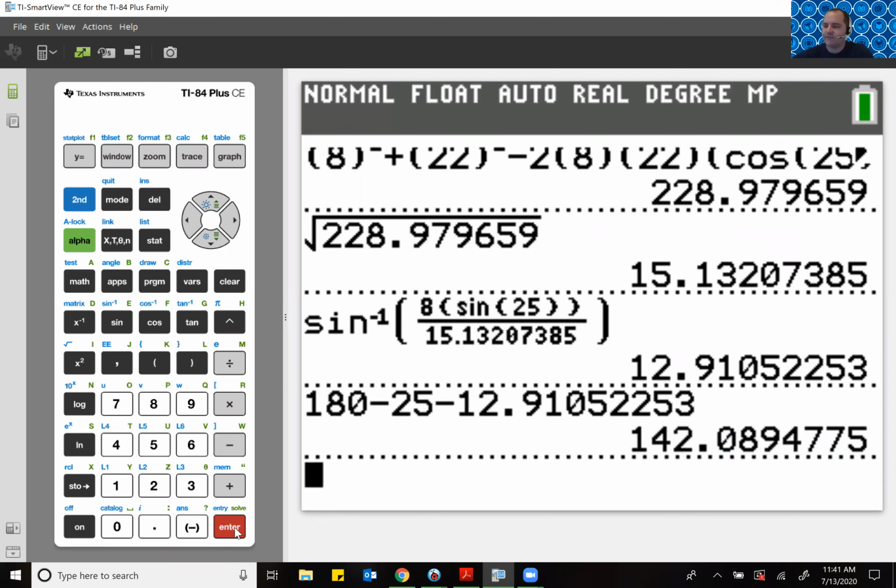And there's angle C. Rounded to the nearest degree is 142 degrees.